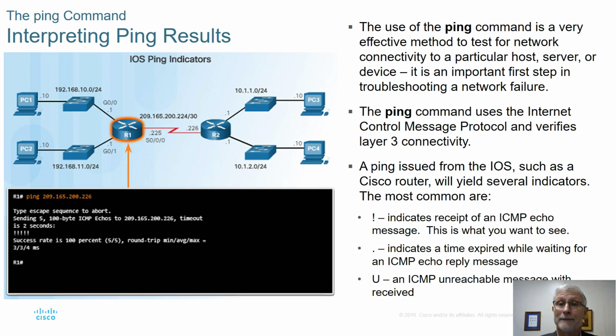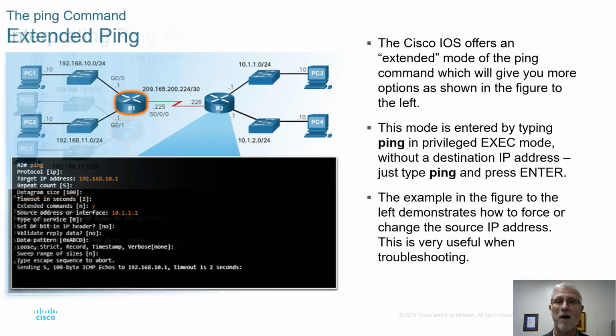So it has different indicators in it. You've seen the exclamation point, meaning this is what you wanted to see. You saw the dots were maybe timed out. And sometimes you may have seen a U, where it actually meant it was unreachable. It just never could get there.